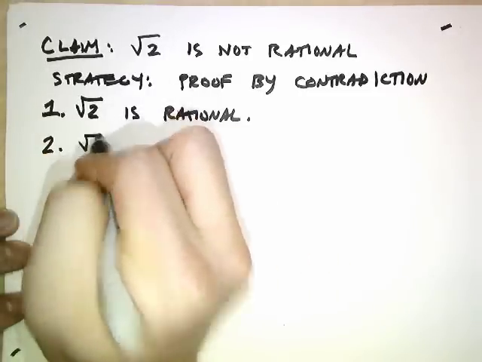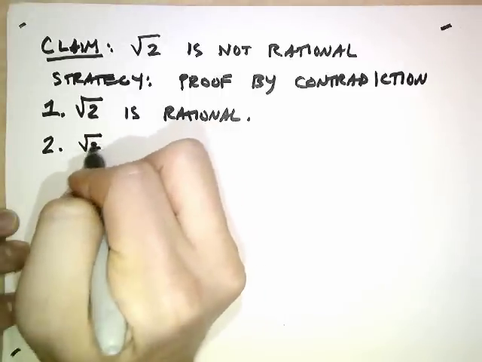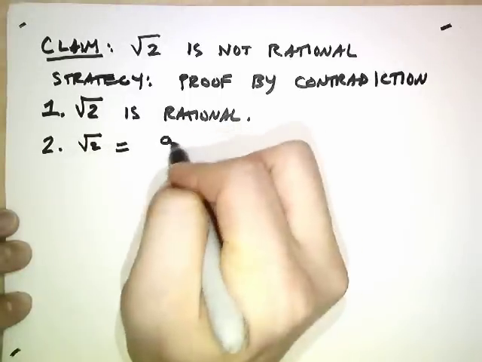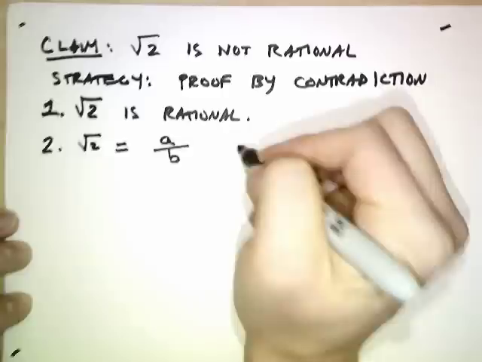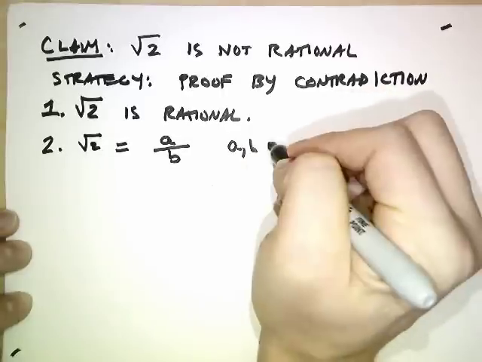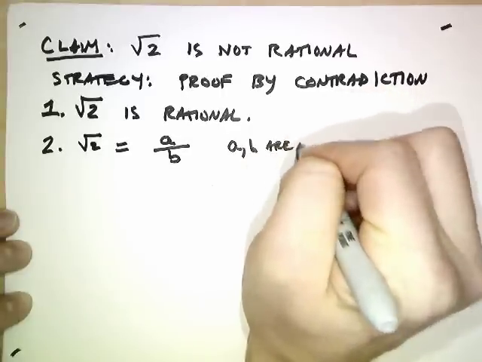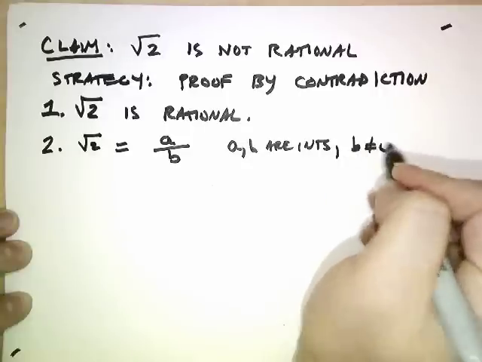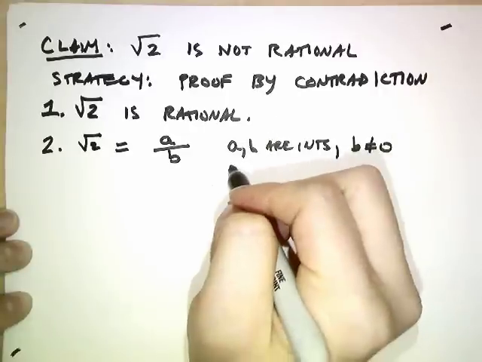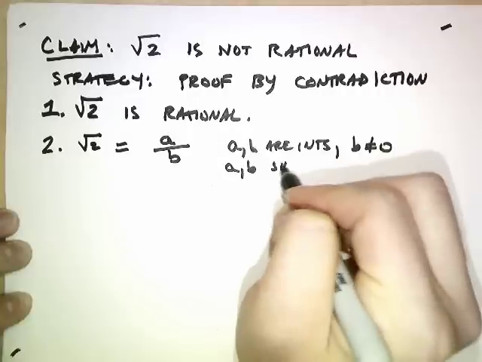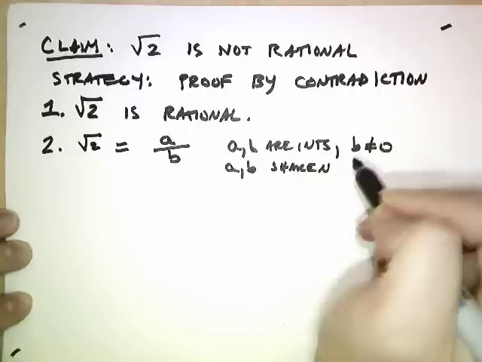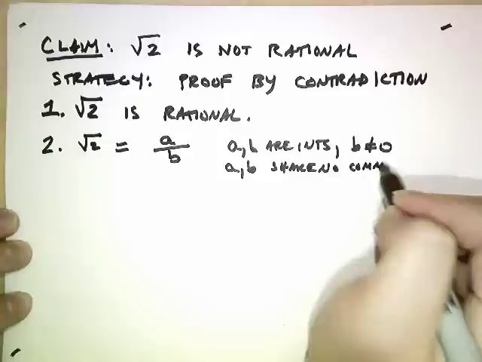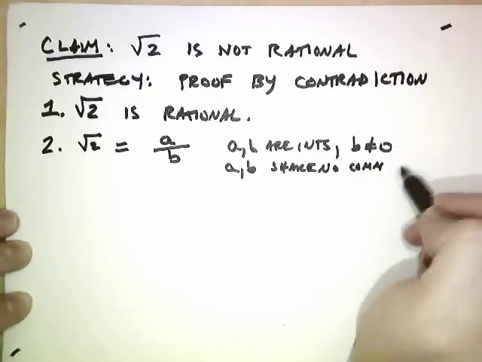It means that square root of 2 can be written as a over b, where a and b are integers, b is non-zero, and a and b share no common terms.